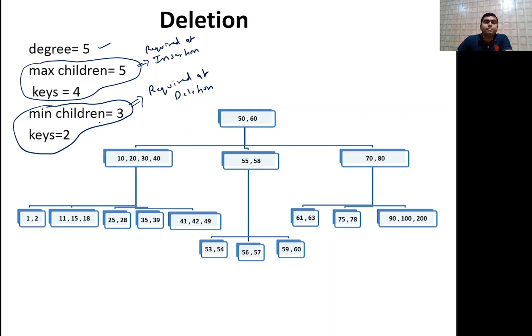Keep in mind that the minimum number of children is 3, meaning any node has a minimum of 3 children and a minimum of 2 keys. If it has fewer than 2 keys, underflow will happen.